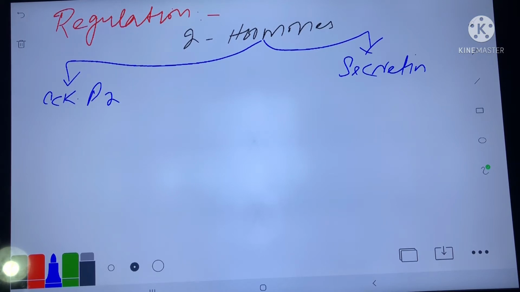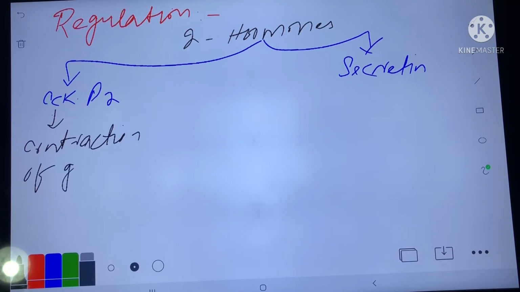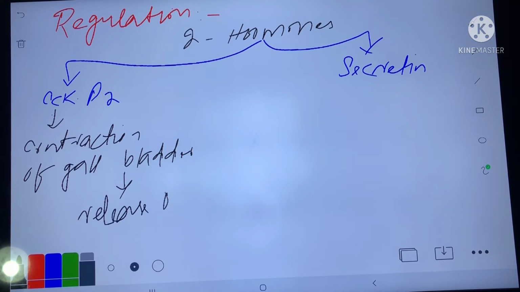Now what does cholecystokinin do? It causes contraction of the gallbladder. When the gallbladder is contracted, what will happen? It will release bile, and this bile helps in digestion.